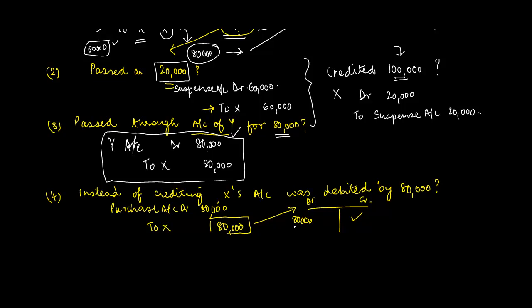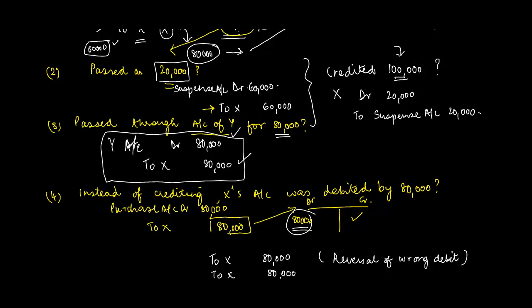The first thing is you will reverse this debit. And how will you reverse this debit? By crediting X by 80,000. So this is reversal of the wrong debit. And then you will pass the correct entry, which is crediting X by 80,000 towards the correct entry. So in this case, X's account is actually getting credited by 160,000, which is 2 times the amount of the entry involved.